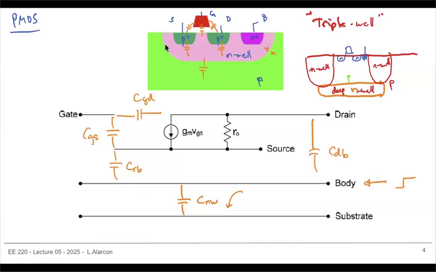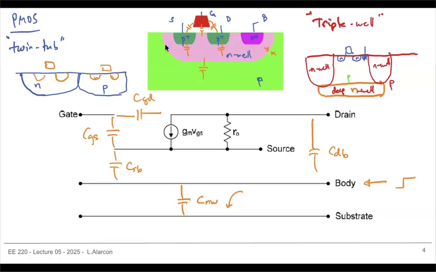The alternative is what we call twin tub processes, where you get an N and a separate P layer. Then you can build NMOS transistors here and PMOS transistors here. You just need some isolation and so on.